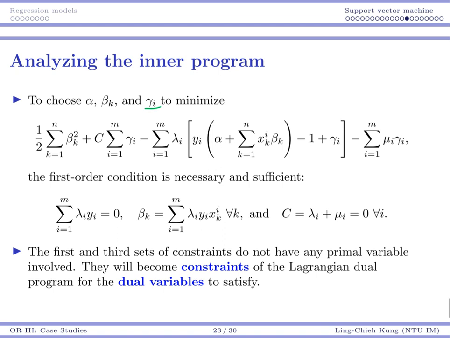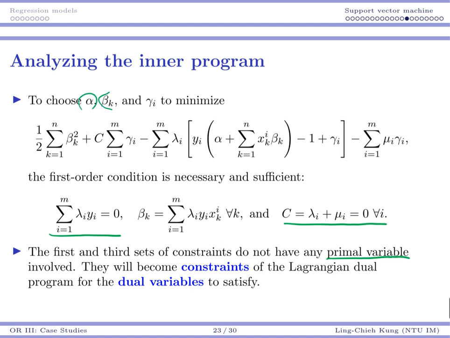The last one is gamma. For gamma, it exists here and here. Once you do the differentiation, you're going to see it also here. Your C comes from here, your lambda i comes from here, and your mu comes from here. So you know how to do the differentiation. An interesting thing here is that the first and the third set of constraints don't have primal variables.